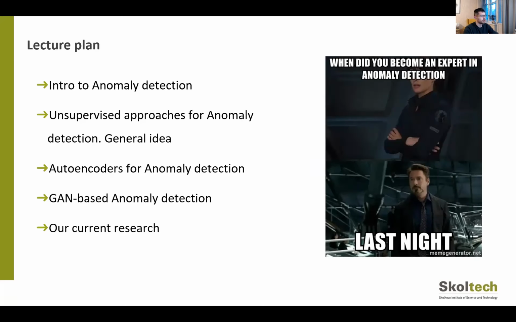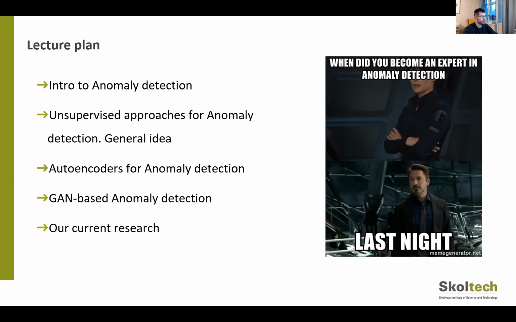Okay, the lesson plan is the following. We'll start with a general intro, with a taxonomy of different types of anomalies and other problem statements related to anomaly detection. Then we will move to how we can do this with the tools we already have from machine learning, and in particular from deep learning.